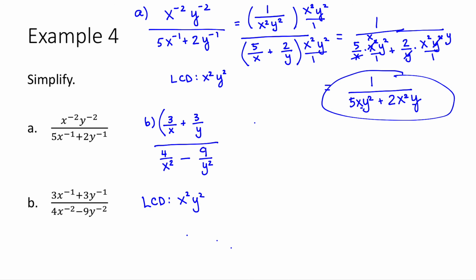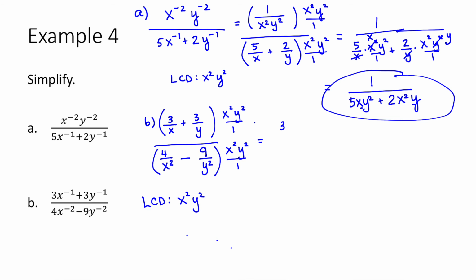Okay, so I'm going to multiply my numerator by x squared y squared over 1, and my denominator by x squared y squared over 1. The reason I'm writing out that fraction over 1 every time is just to keep straight what's in the numerator, what's in the denominator.